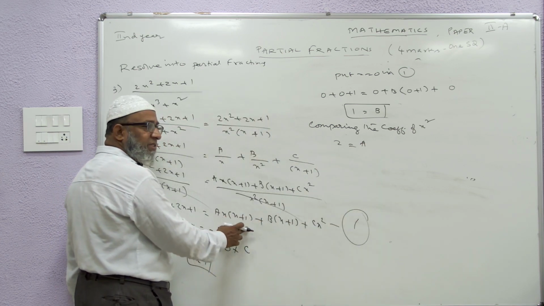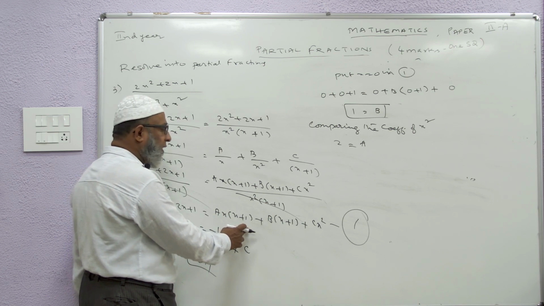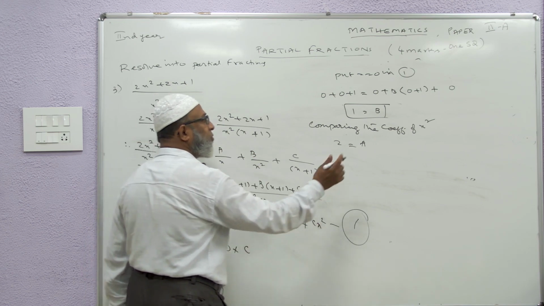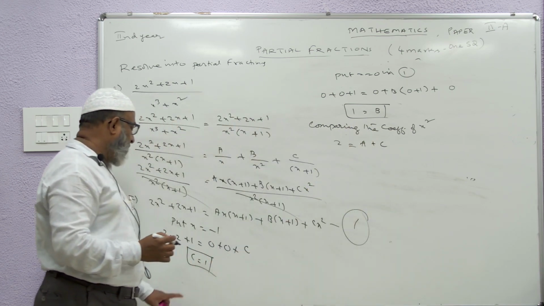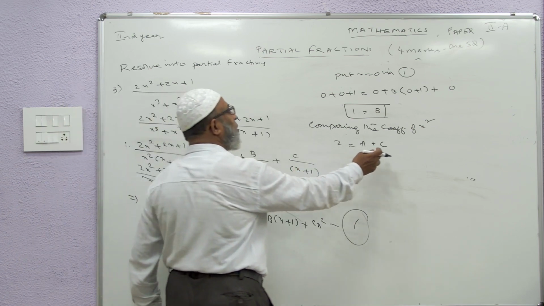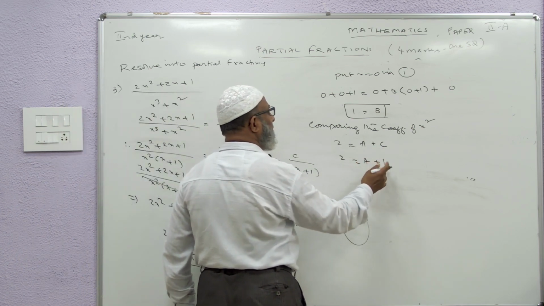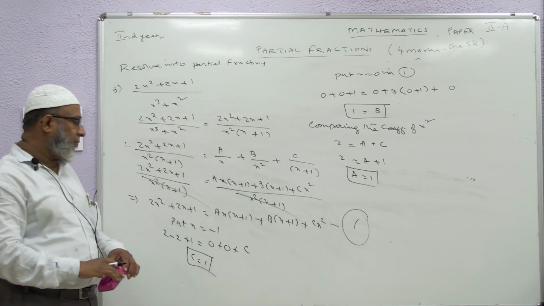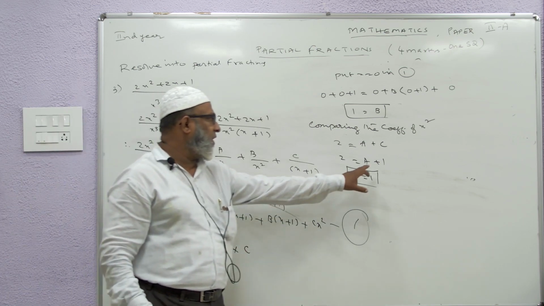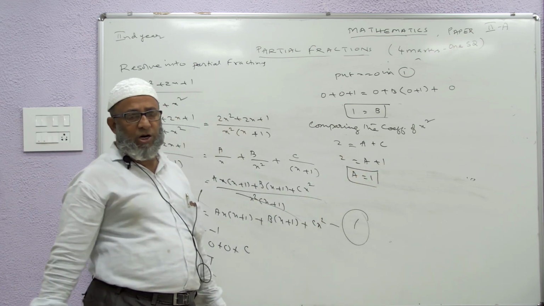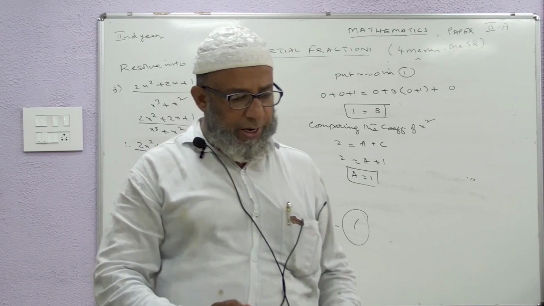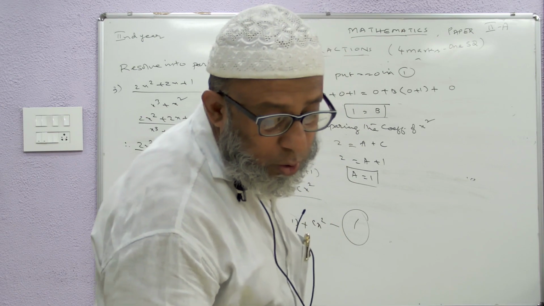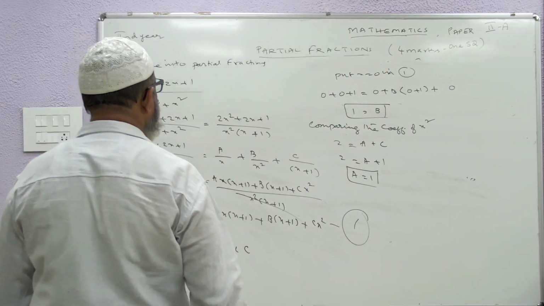If I multiply this, 1 times x is only x, so I am not getting x square, correct? Then b into x, x, I am not concentrating on this. c into x square, x square. So I have the value of c, c is equal to 1. If I put c equal to 1 here, 2 is equal to a plus 1, 2 minus 1, 1, a is equal to 1. If I substitute here 1, 2 minus 1, 1 is equal. Therefore, I got the values of a, b, and c: a equal to 1, b equal to 1, c equal to 1.